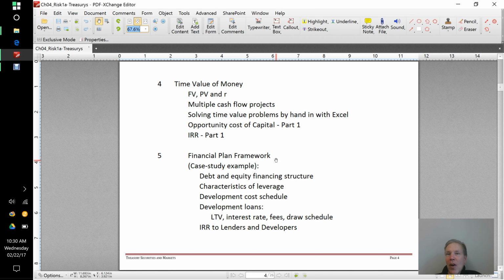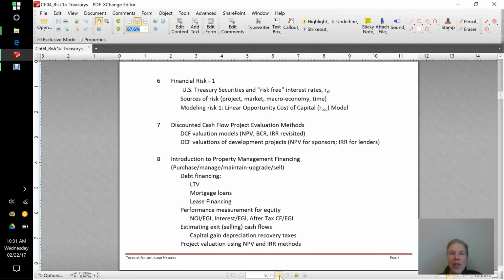And now we're applying time value of money to understand the potential viability of a project for either a lender or an equity investor, i.e. sponsor, etc. Okay, and we need to go even farther. One thing that we haven't spent nearly enough time on is financial risk.